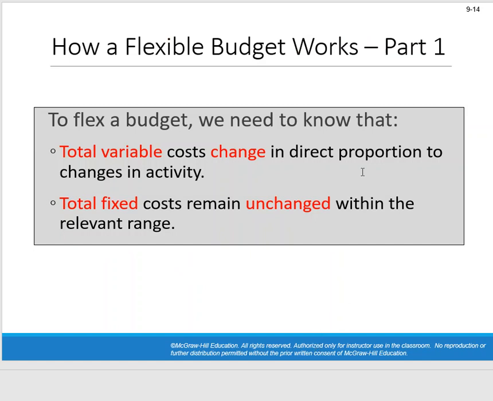So in a flexible budget, total variable costs change in direct proportion to changes in activity, and the total fixed costs are fixed. They remain unchanged within the relevant range. So you've heard me say that before. Guess what? The fixed costs are fixed, and the variable costs are going to vary.